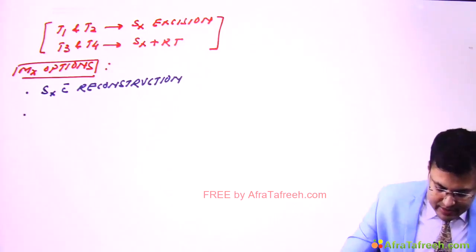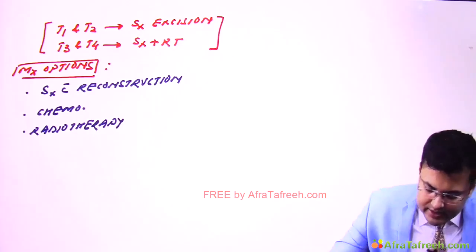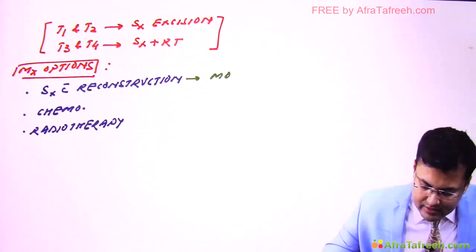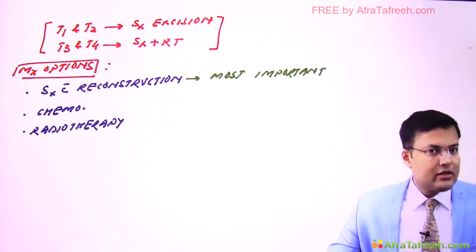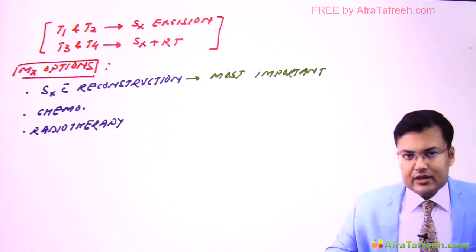Second is chemotherapy, and third is radiotherapy. These are the three options. Out of these three, which one is most important? The most important modality is surgery with reconstruction. Generally, what surgery? We go for wide local excision and we go for reconstruction with flap.